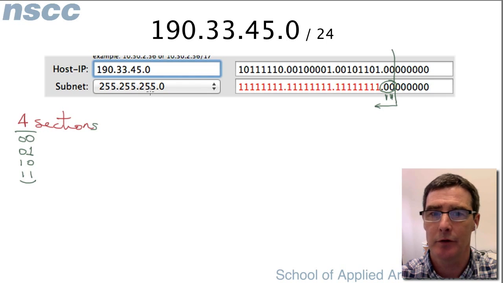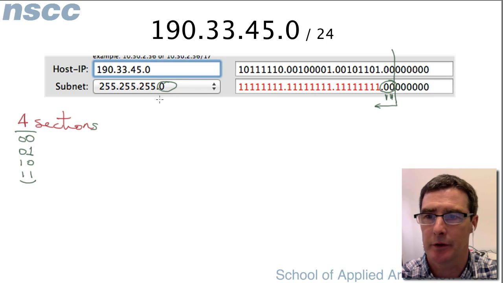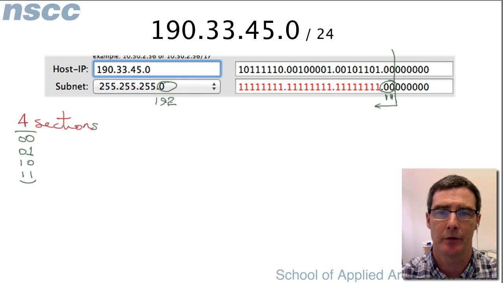So our mask is going to change here from a 0 in this digit to having 2 1s here. Well, 2 1s with all zeros means that this number here, 1 1 with all zeros, is 192. So this is going to become our new mask. These 2 bits here are going to be the bits that we're going to manipulate to give us our 4 networks.